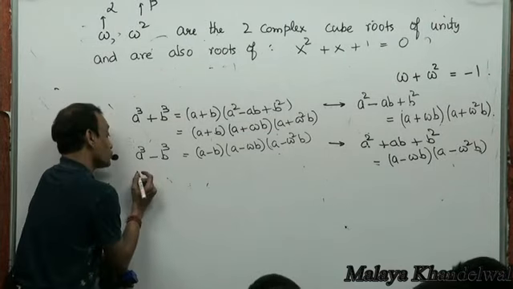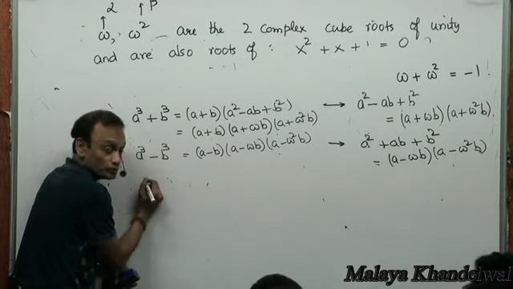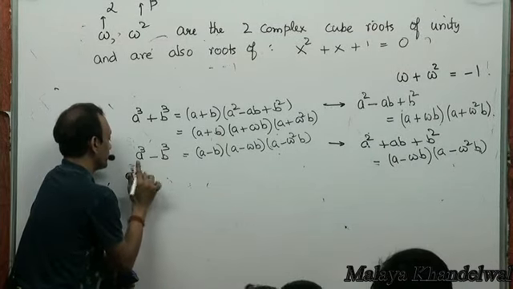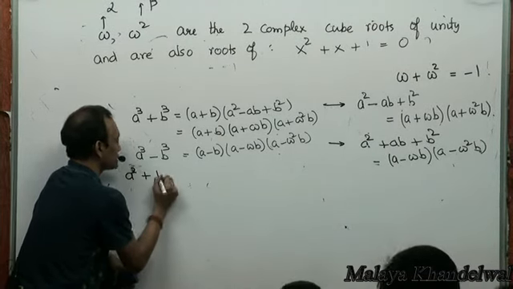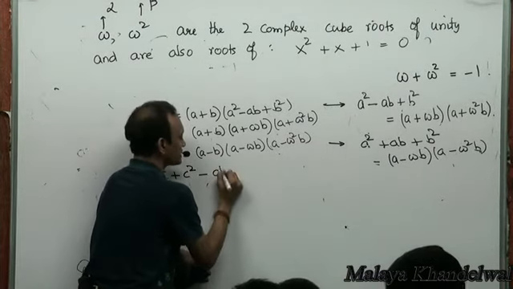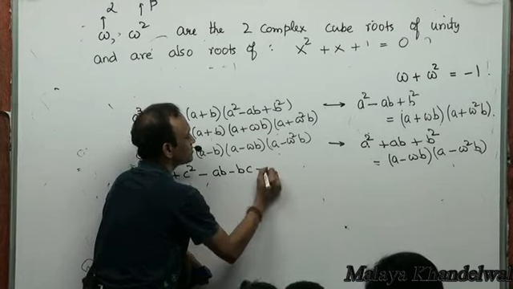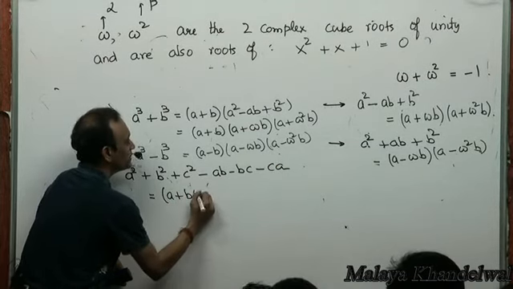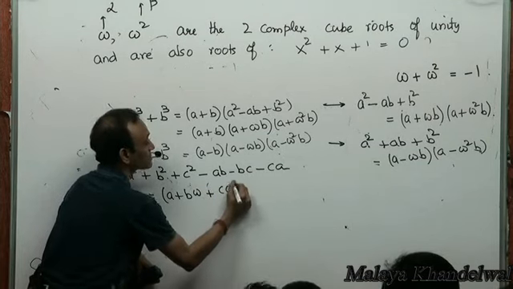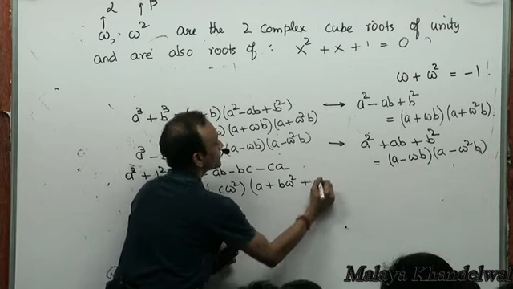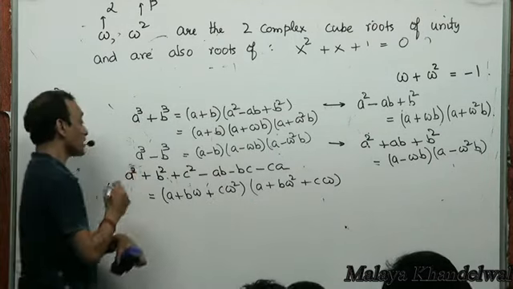A result which you would want to independently obtain at home is a square plus b square plus c squared minus ab minus bc minus ca is a plus b omega plus c omega squared into a plus b omega square plus c omega. Is another standard result.